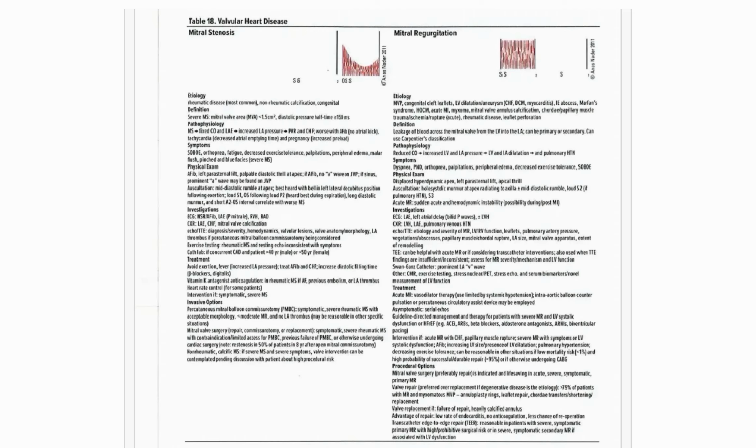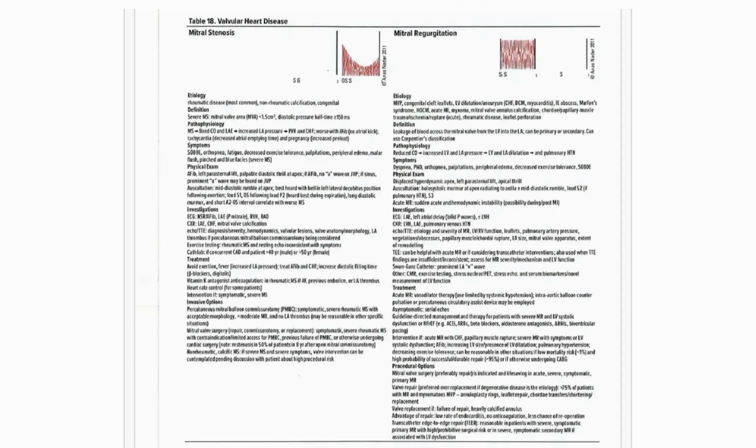Notice the phonocardiogram shown above the table. It demonstrates the opening snap followed by the diastolic murmur, which is characteristic of mitral stenosis. A shorter interval between the second heart sound and the opening snap indicates more severe stenosis.